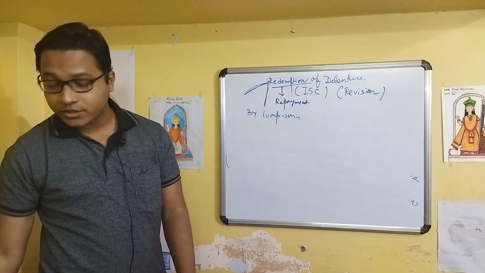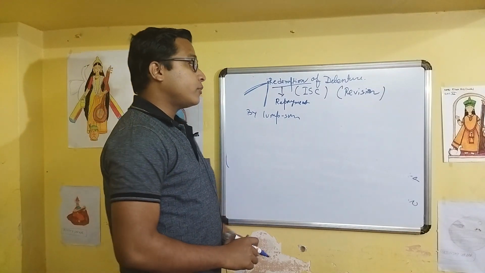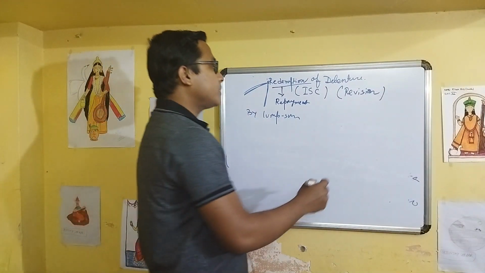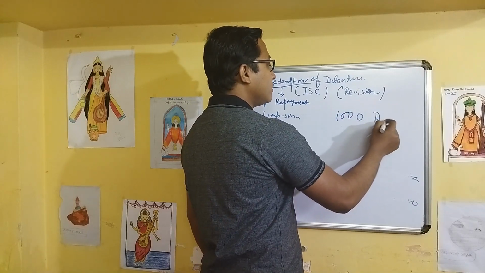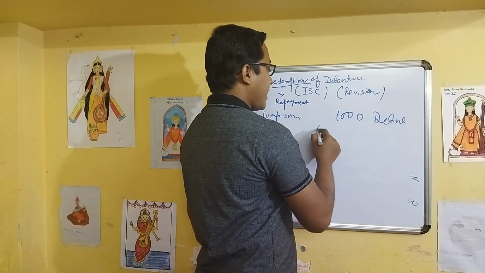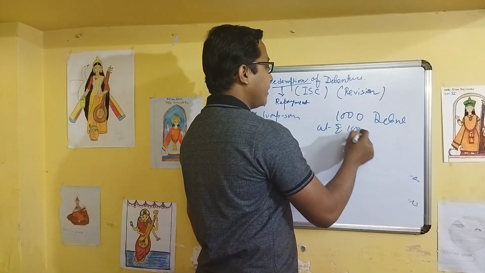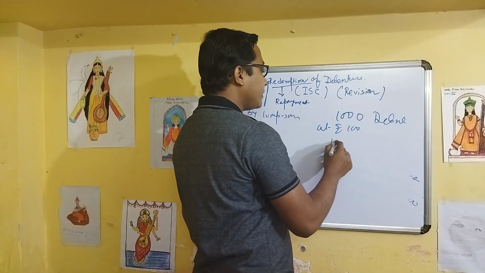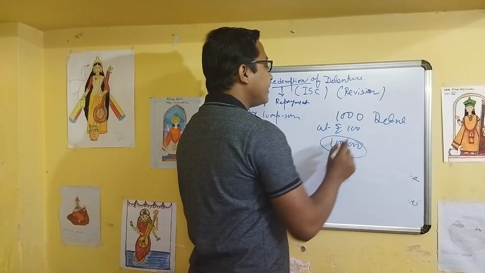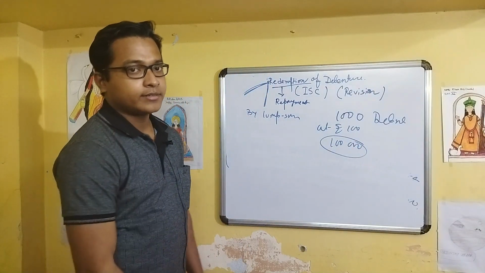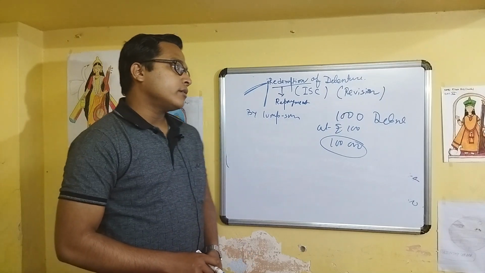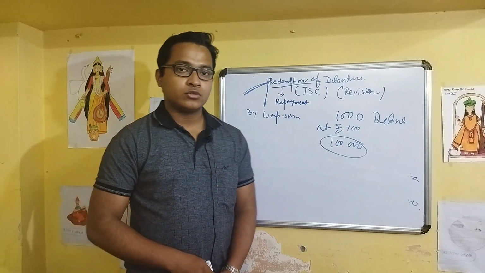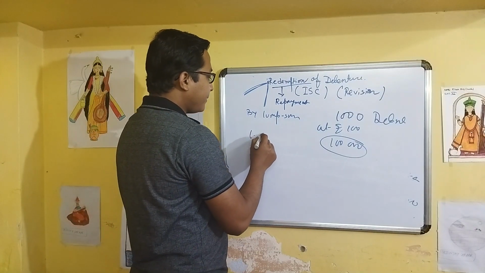Suppose at the time of issue of debenture, 1000 debentures are issued at rupees 100. So it means 1 lakh rupees of debenture is outstanding. It has some maturity. Let's say at the time of issue the debenture was redeemable after 5 years.